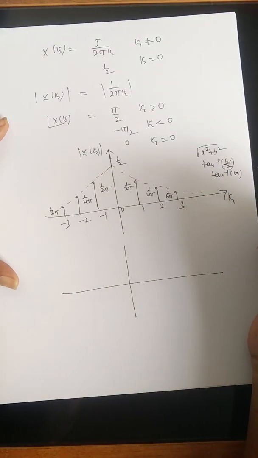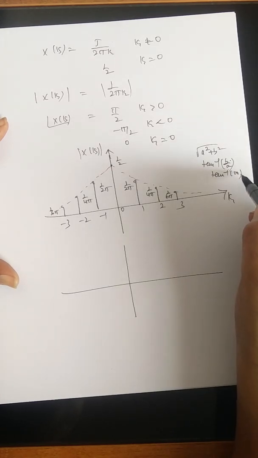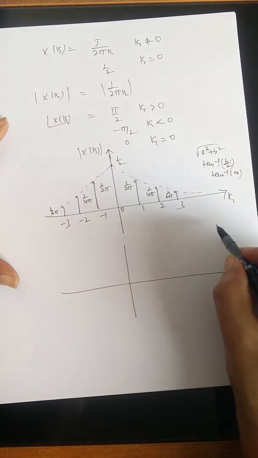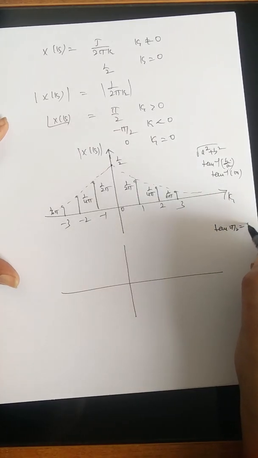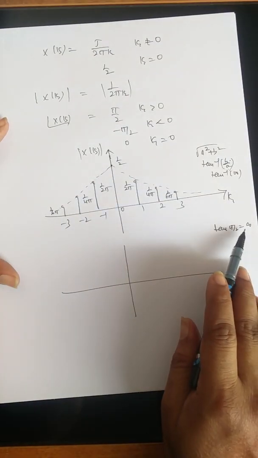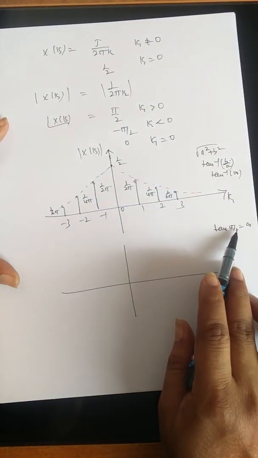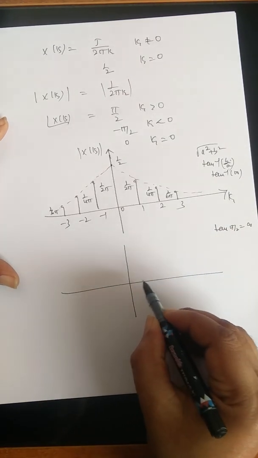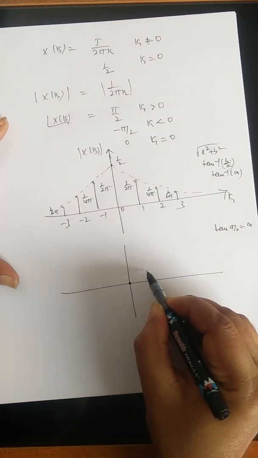Infinity you will get only when theta is pi by 2. Again, if k is positive, it will be plus pi by 2. When k is negative, it will be minus pi by 2. At 0, its value is 0.